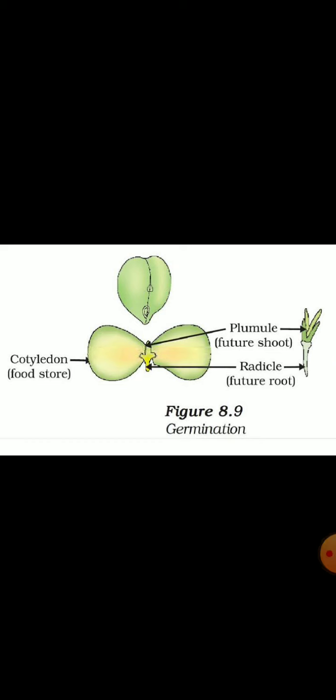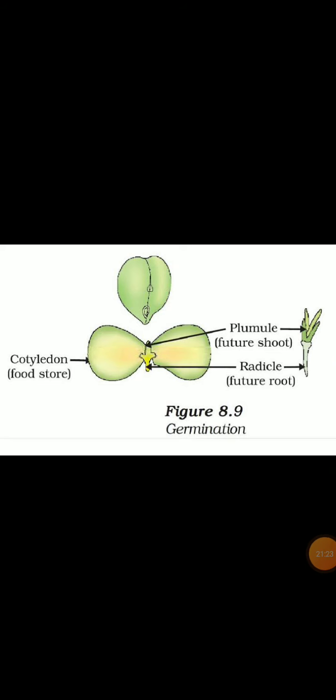There is a cotyledon, which is for food storage. Then there is a plumule, and the magnified image of the plumule is shown. It is the future shoot. When it grows properly, it will be a future shoot. Then there is a radicle, which is the future root.